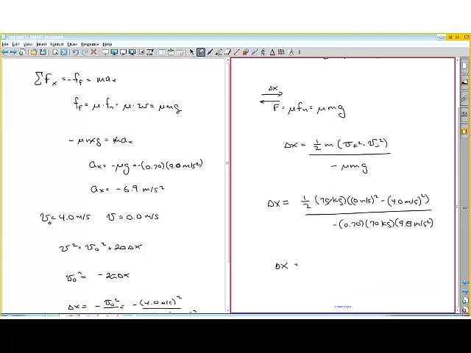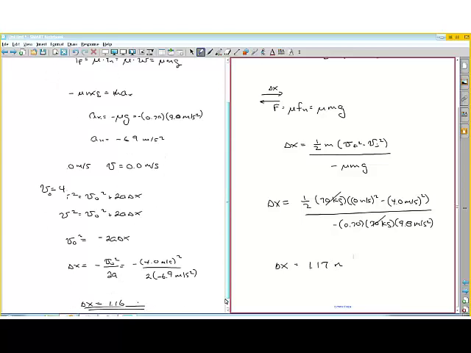And if we look at what we have here, we cancel the mass out. And so then all we have is 0.5, which is a half, divided by 0.7, divided by 9.8, times 4 squared, which is 16. And the negatives cancel out because we've got a negative here, a negative there. So we get a positive delta x, and we get 1.17. I think it's just because of rounding off, 1.17 meters.